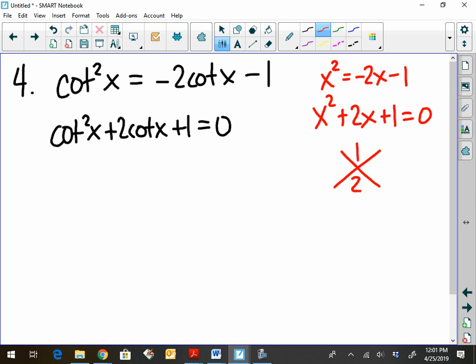You're thinking, what multiplies to give me 1, adds to give me 2? Well, we know we got 1 and 1, so therefore we have x plus 1, x plus 1 equals 0. So if I FOIL this back out, I should get what I had originally here, right? So x times x, x squared, 1x plus 1x is 2x, 1 times 1 is 1.